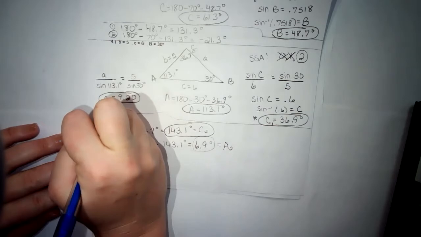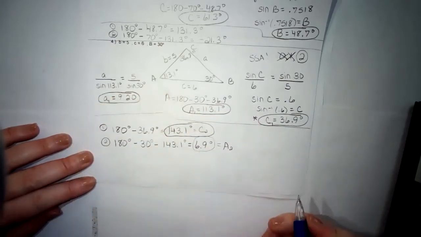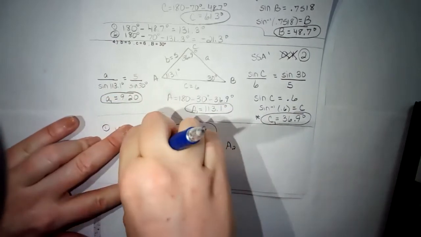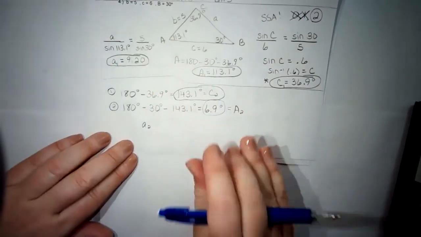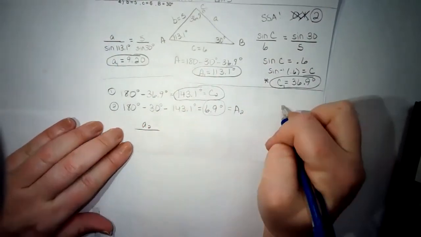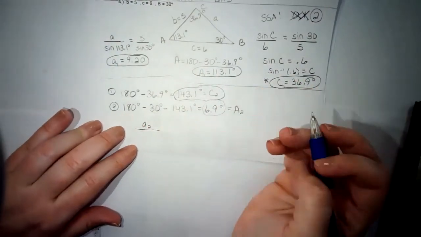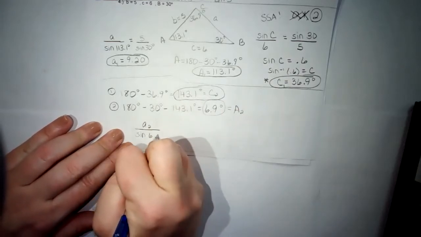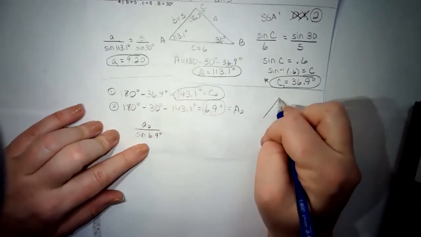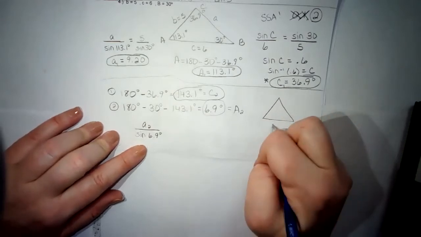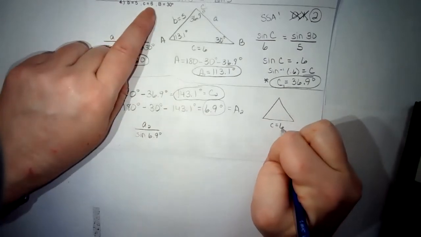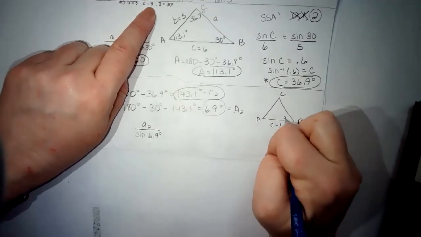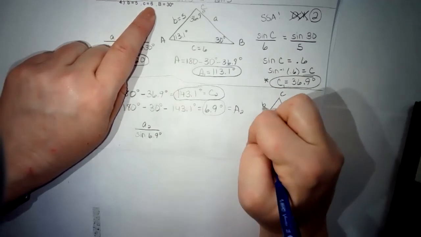Now let's find little side A2. Okay. So little side A2 is going to go underneath this angle. If you want to draw another triangle, you can. If it helps you, draw another one. This information is going to stay the same that was given.